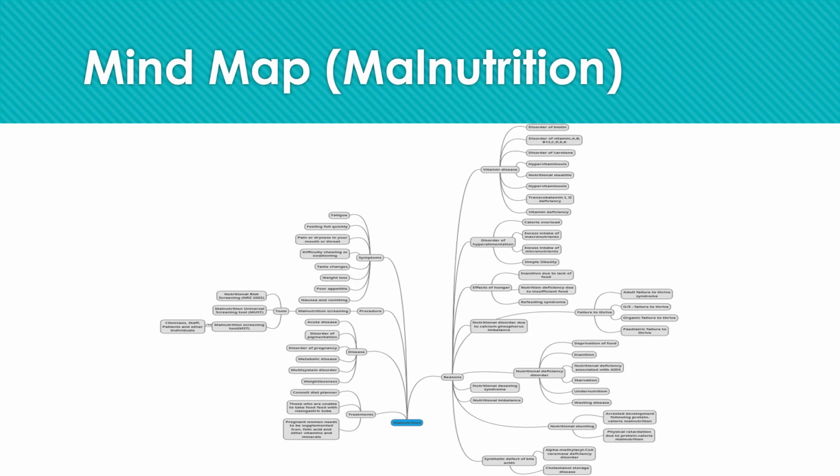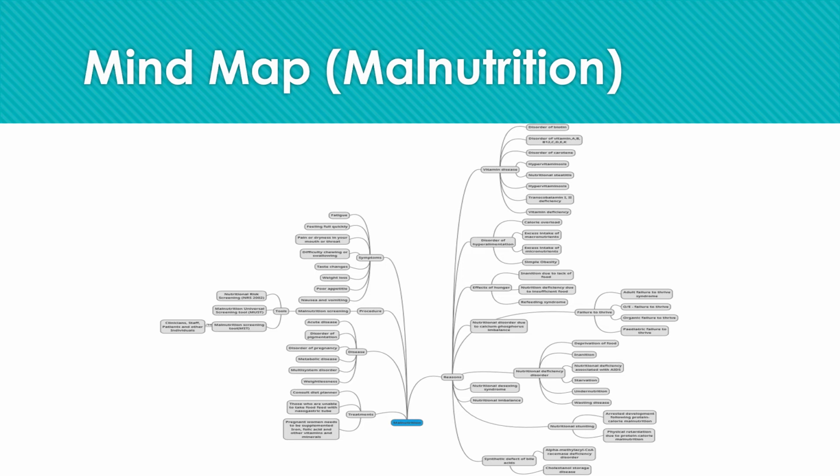One of the main causes is the effect of hunger. In the effect of hunger, there would be a lack of food, and nutritional deficiency due to insufficient food is one of the main causes. Nutritional deficiency disorder, nutritional imbalance, nutritional stunting, and disorder of hyperalimentation are also causes.